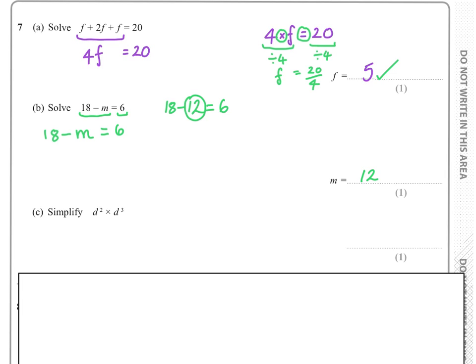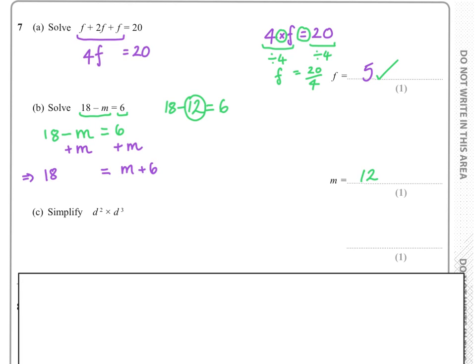Could I add the same thing to both sides? Well, yes. So if I added m to both sides, I would then have 18 equals m plus 6. And the reason for that is, if I started with negative something and I added exactly the same amount, these would cancel out.